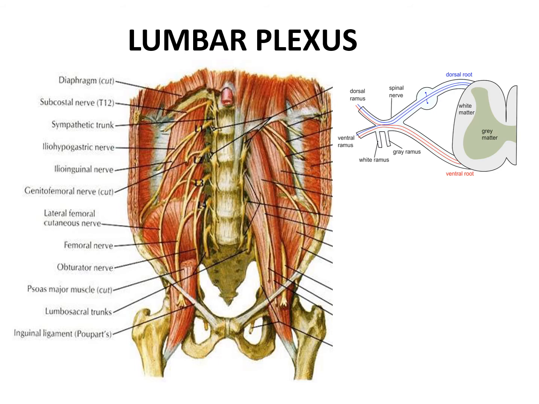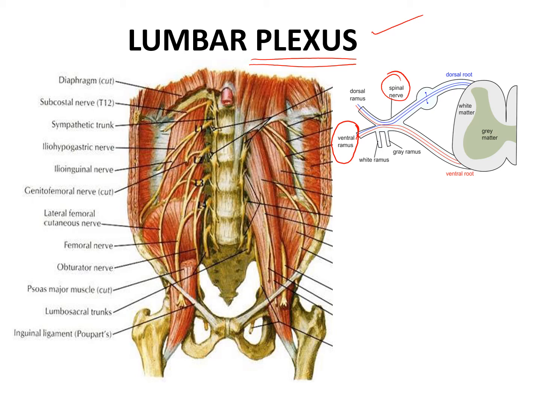Now we will look into the details of the lumbar plexus. As we have already discussed, if the word plexus comes, which component of the spinal nerve is it? It is only the ventral ramus which is involved in the formation of the plexus.